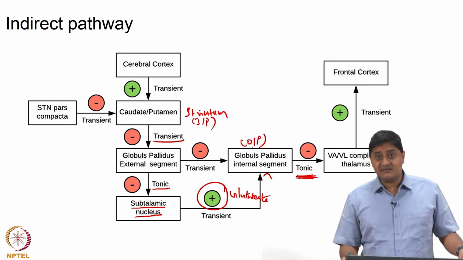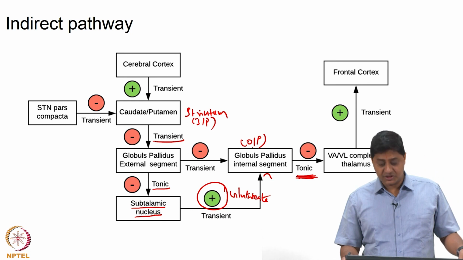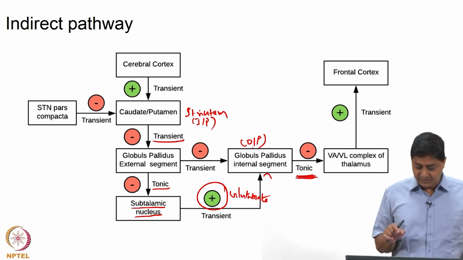So, in this case striatum, which is the input structure, is connected to GPI, which is the output structure, through two possible intermediate connections.